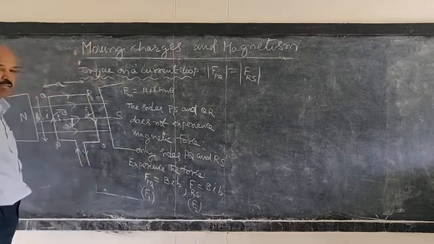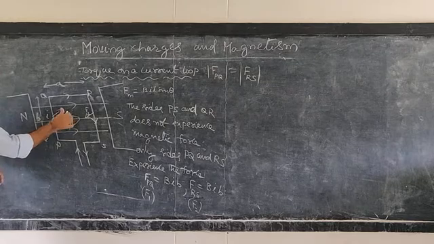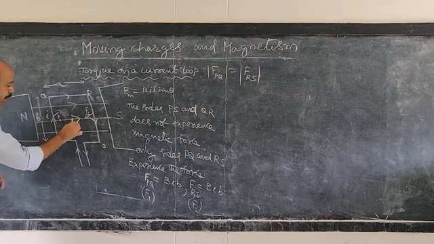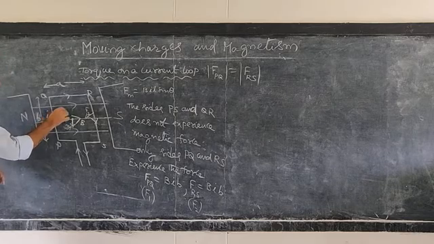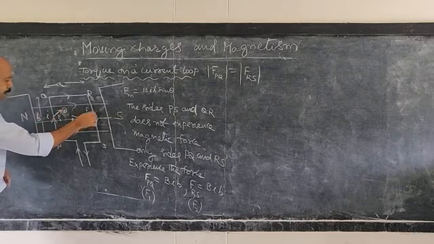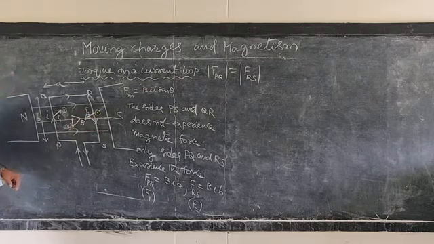Both are equal in magnitude, but their directions are opposite. Let us say this is the magnetic field: the force on this side will be into the plane, whereas the force on this side will be out of the plane.